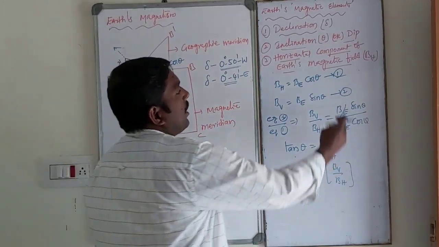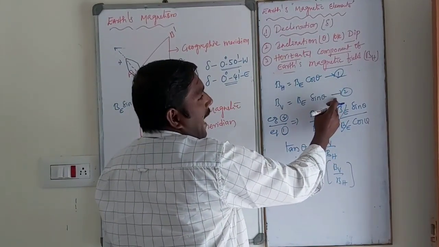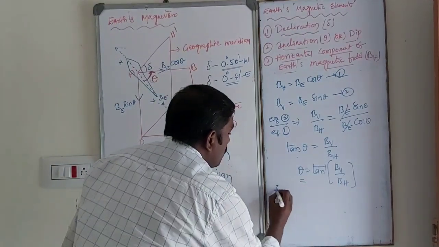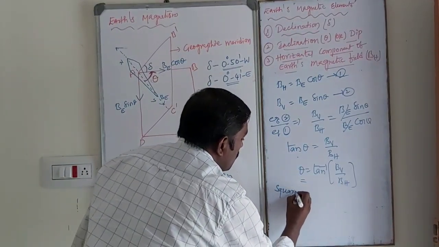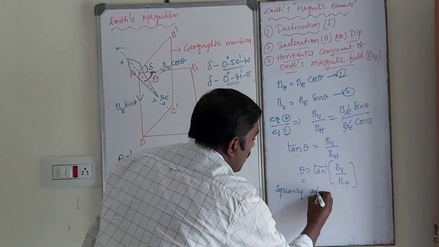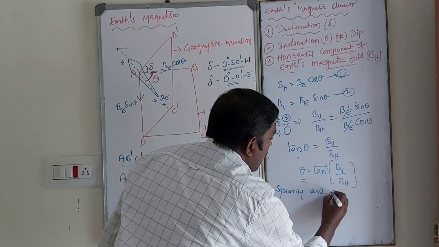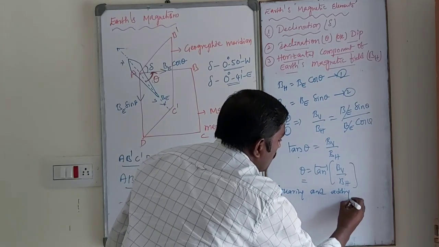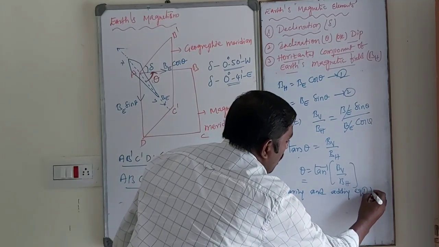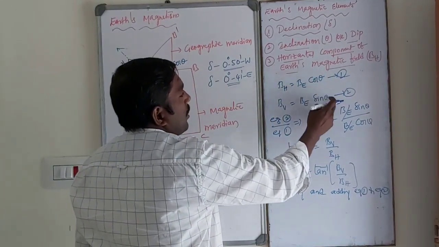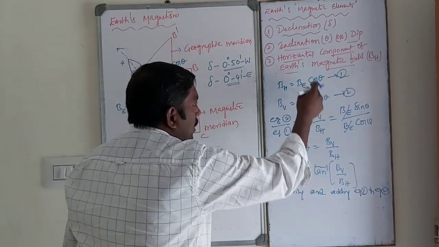See, equation 1 and 2, squaring and adding. When I square equations 1 and 2 and add them, what happens?